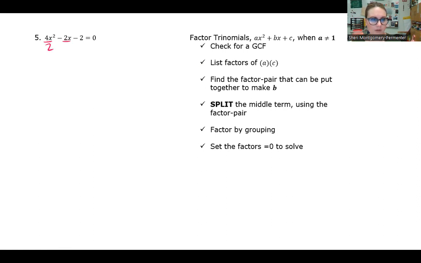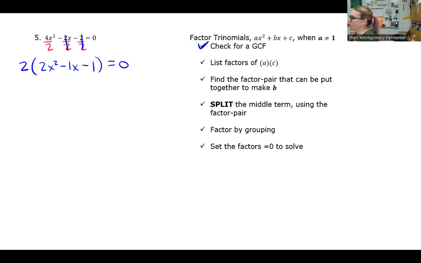Divide by 2, divide by 2, divide by 2. 4 divided by 2 is 2. Anything over itself is 1. Anything over itself is 1. So we check for a GCF. Good, awesome.